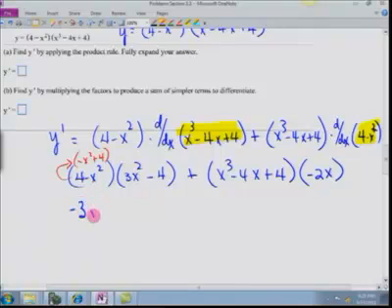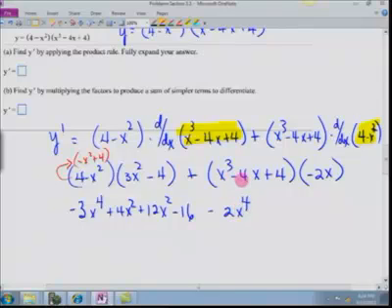Negative 3x to the 4th, and then 12x squared and minus 16. My math okay? All right, and then we're going to multiply these two together. So we have minus 2x to the 4th, 8x squared, and minus 8x. So double check my arithmetic there.